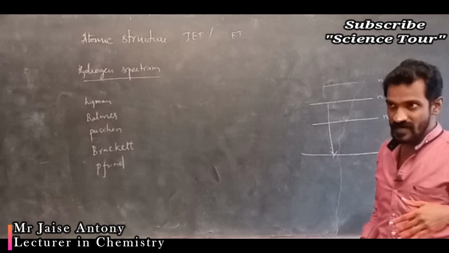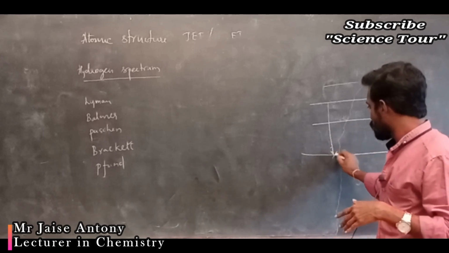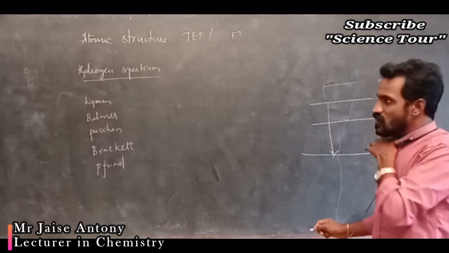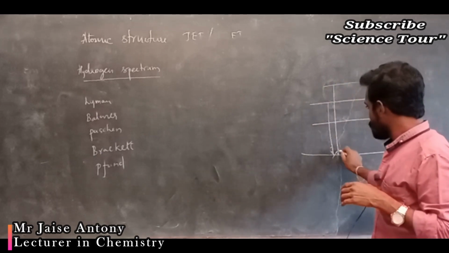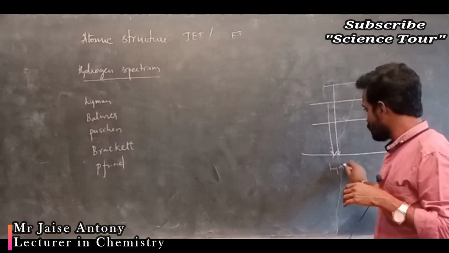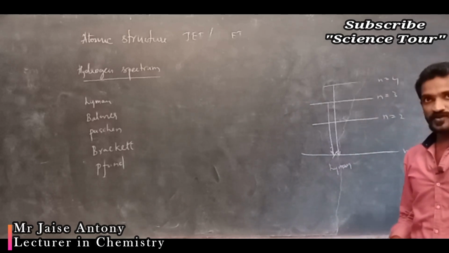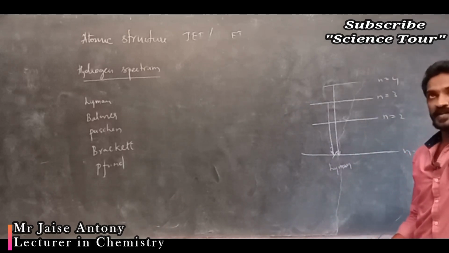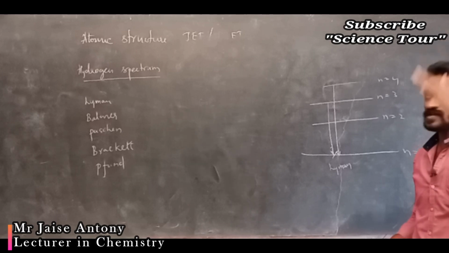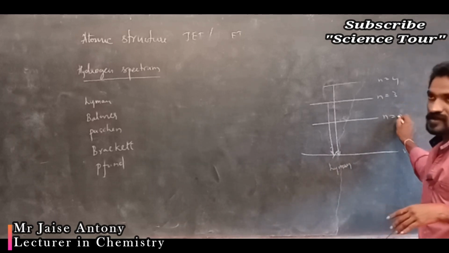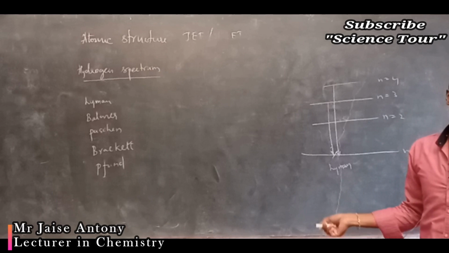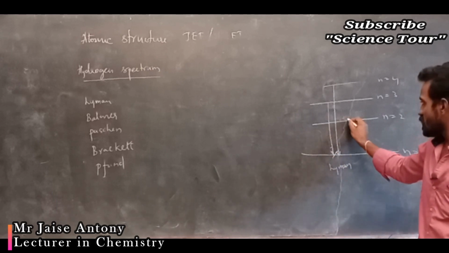By emitting radiation. Some electrons while coming back reach the ground level, n is equal to 1. Those that reach n is equal to 1 level are named Lyman series, correct? Other electrons absorb energy, reach a higher energy level, and while coming back reach only n is equal to 2 level.